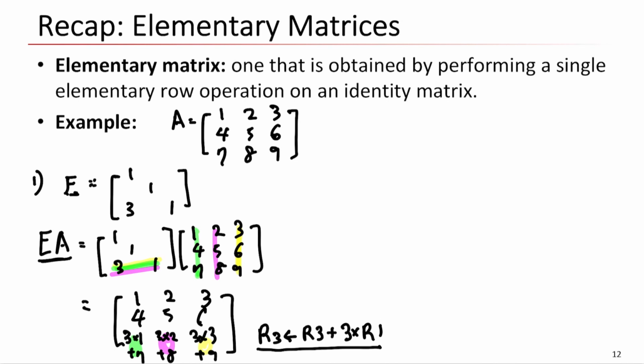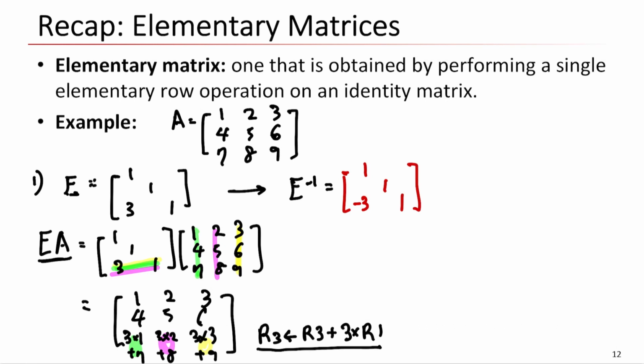Then what about the inverse of the elementary matrix? Actually, we didn't talk about how to derive the inverse of a matrix yet, but there is a rule. The inverse of this elementary matrix has -3.